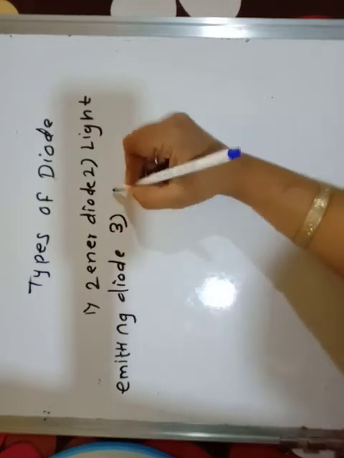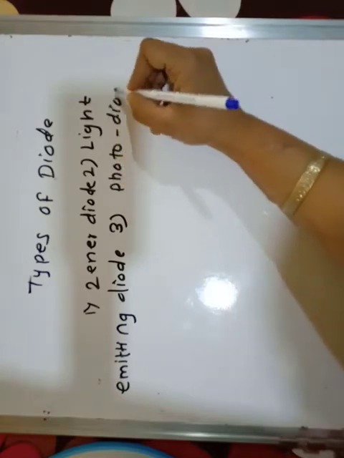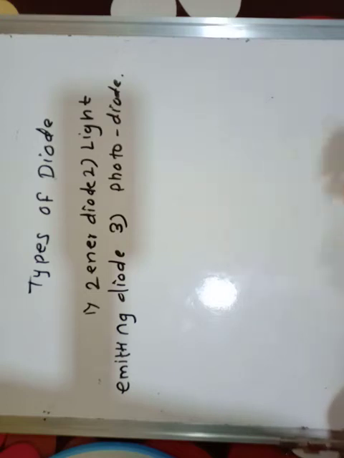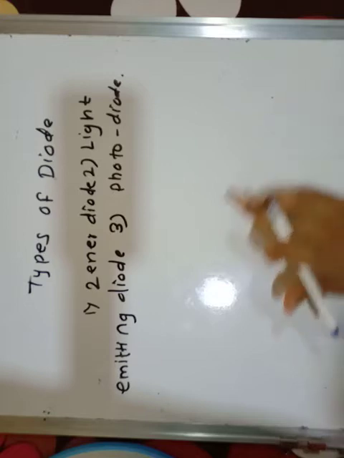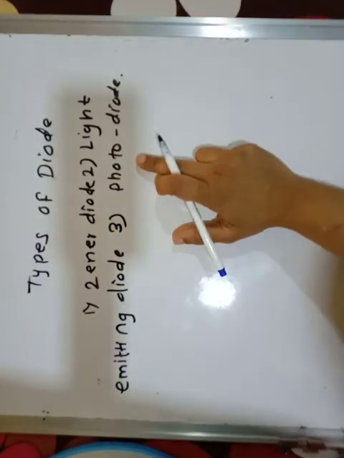Number 3, the photodiode. And there are different diodes also: varactor diode, Schottky diode and tunnel diode. But we are going to see only the Zener diode, light emitting diode and the photodiode.